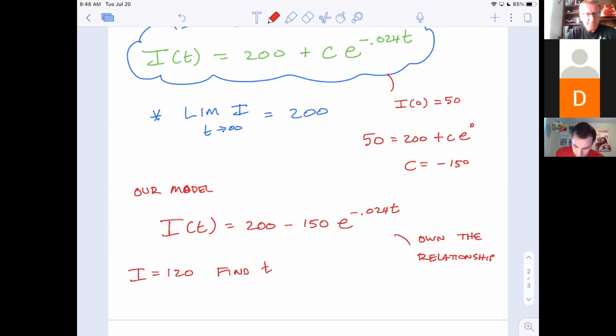Hey, Doug. Yep. So if the question was to find when the tank is going to reach a certain concentration, would we solve the iodine equation? So we would take the concentration and multiply by the volume unit, and that would give us the amount of iodine, and then we would solve the equation for the time for that amount.